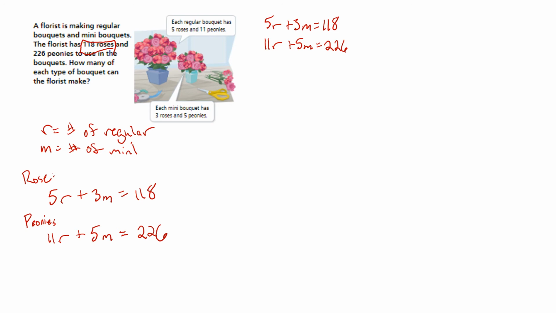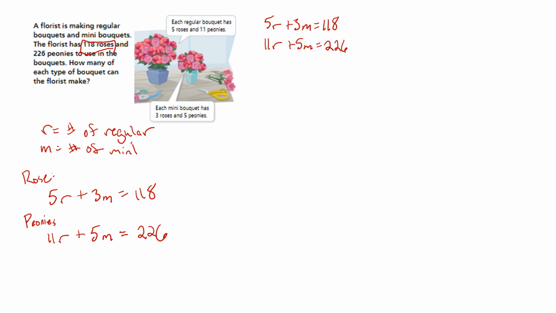We could eliminate the r's first. We could turn both a 5 and an 11 into a 55 by multiplying by 11 and 5 respectively. Or we can turn a 3 and a 5 into a 15 and eliminate the m's. That's by multiplying by 5 and 3, which sounds like smaller numbers than 5 and 11. So we're going to go with that.